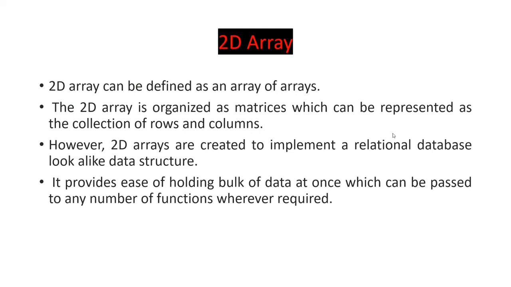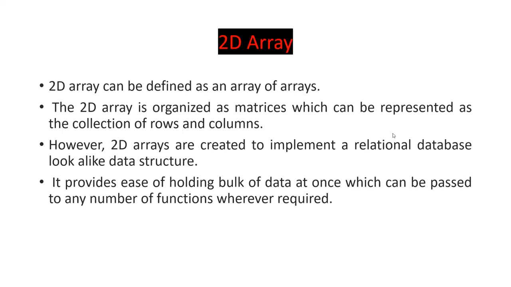Next, coming to the second point, two-dimensional arrays. A two-dimensional array is defined as the collection of data items of similar types given a single variable name by using two subscripts. Subscript is nothing but index. Whereas the one-dimensional array is the collection of data items of similar types given a single variable name using only one subscript or only one index.